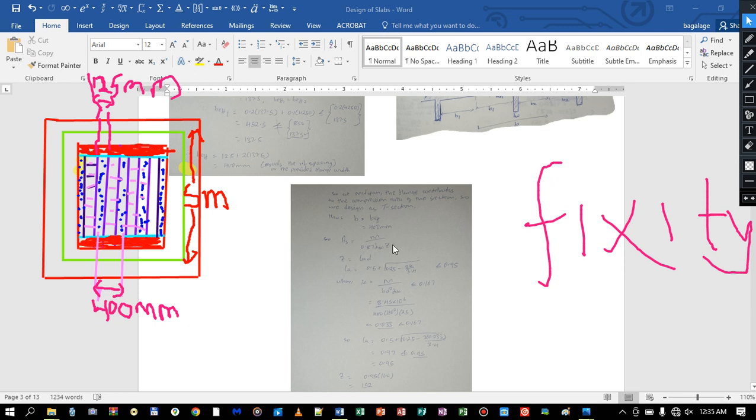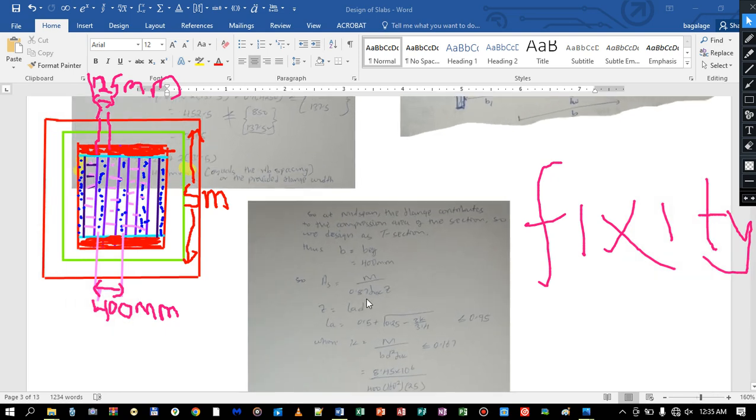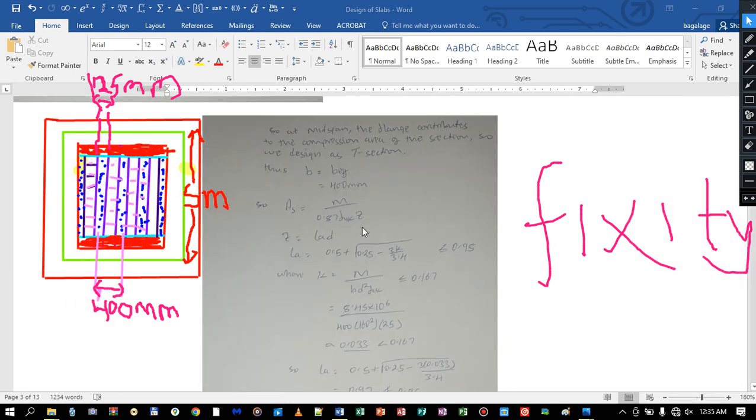From the formula that we all know, this formula is derived from the analysis of a section.